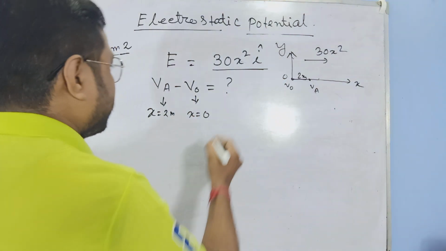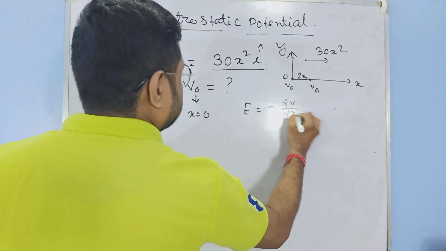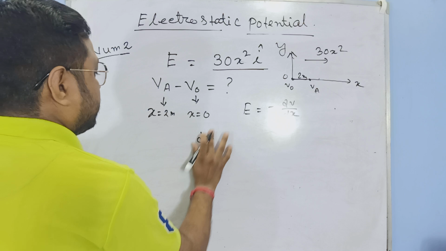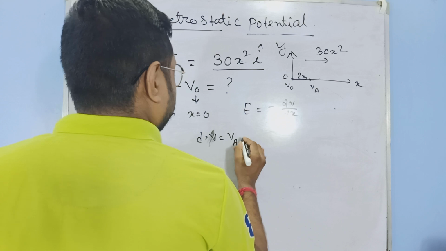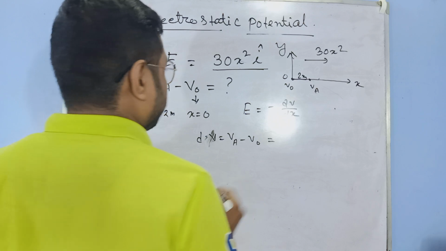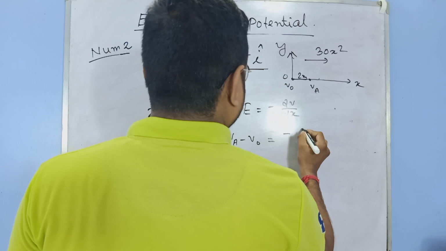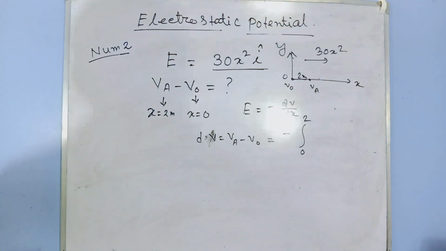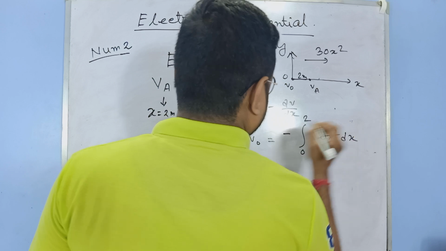Okay, so we can get E equal to minus dV/dx or dV/dr. So dV, that is VA minus V0 or V0 minus VA, equal to minus E dx, that is minus integration 0 to 2 of 30x square dx.